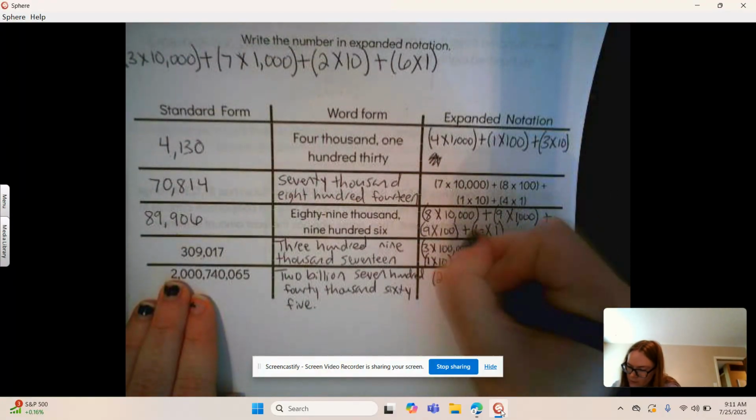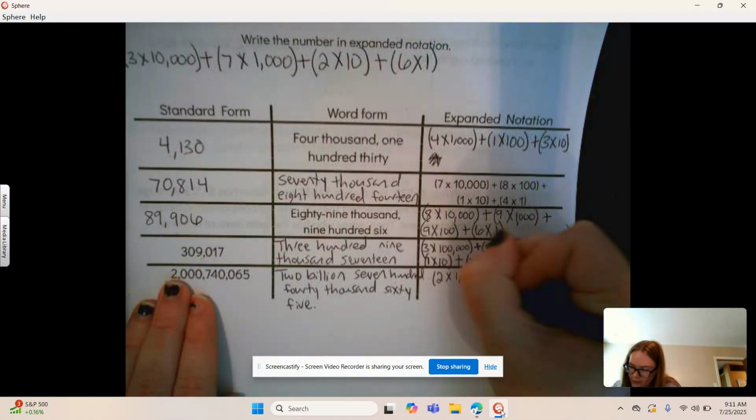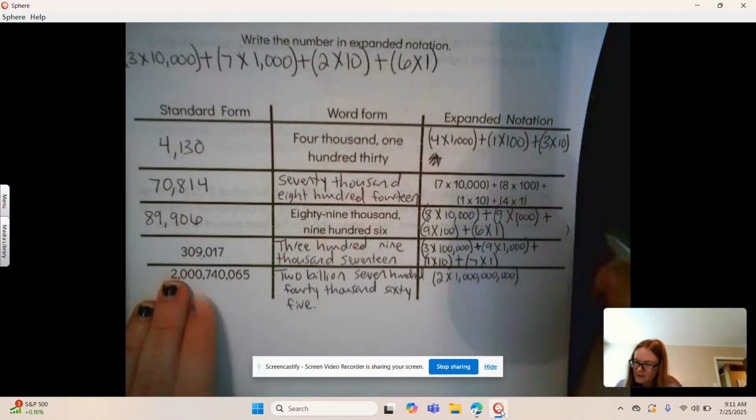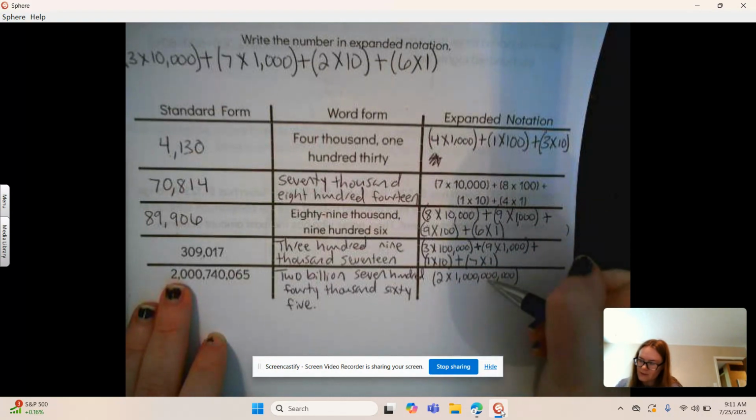So we have 2 times 1 billion. Make sure you get enough zeros. These are the hundreds, the thousands, the millions, and the billions.